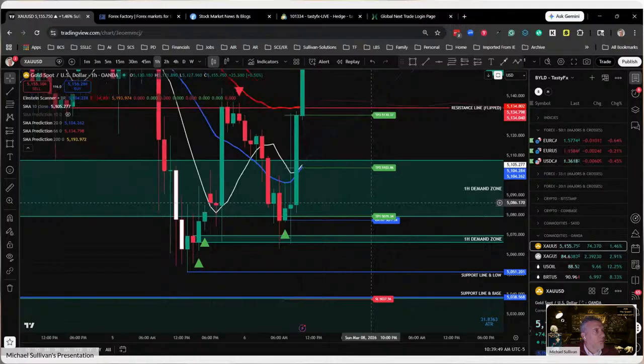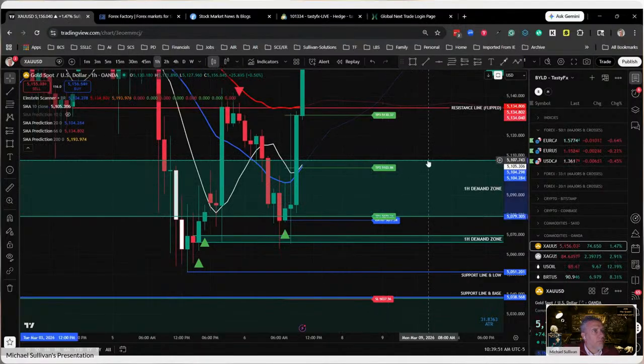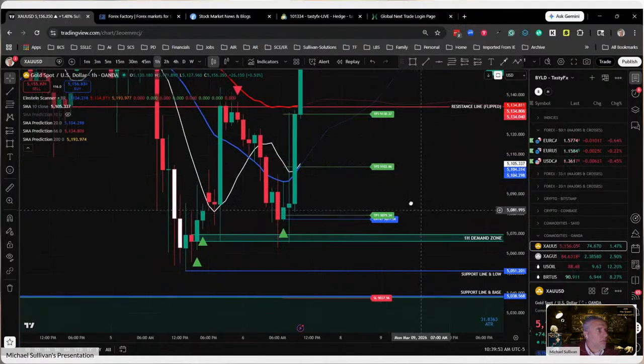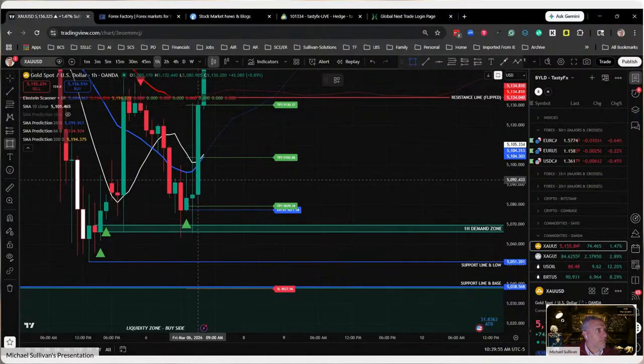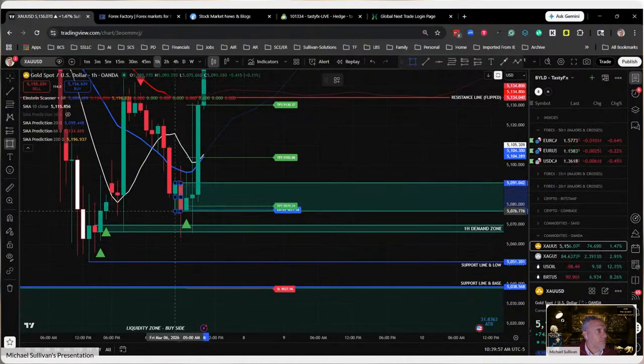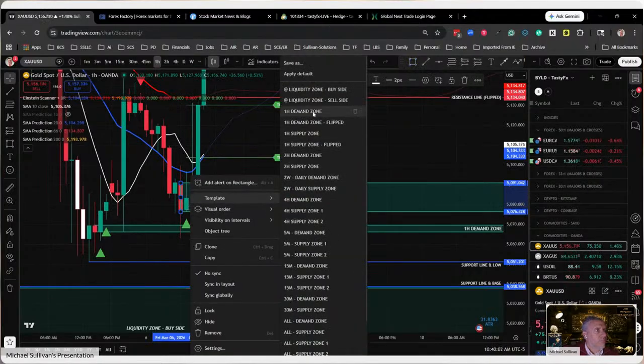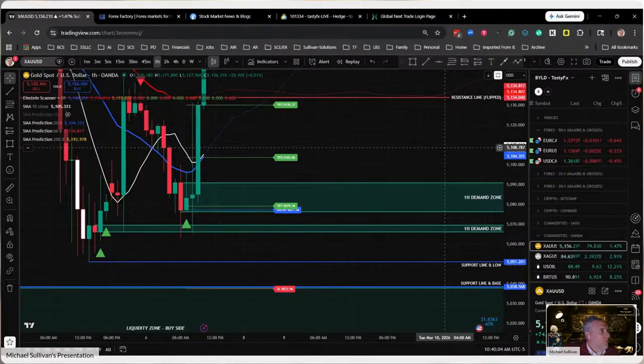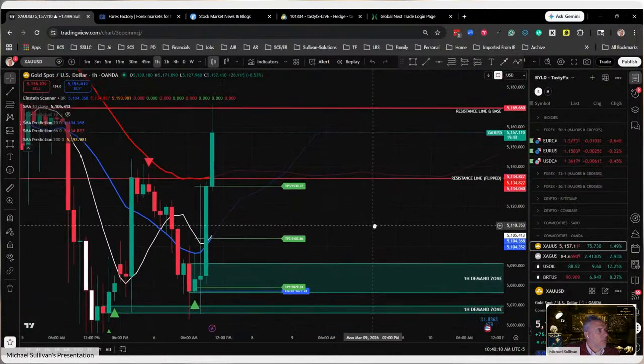This demand zone has been broken 100 times, so I'm gonna get rid of this. But we have another one right here. All right, anything else within it? This is newer, so that's fine. Any resistance?